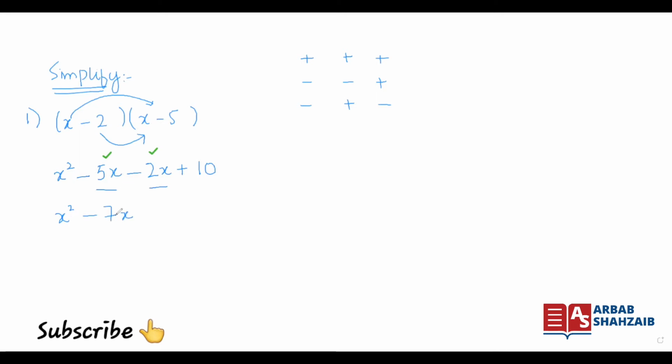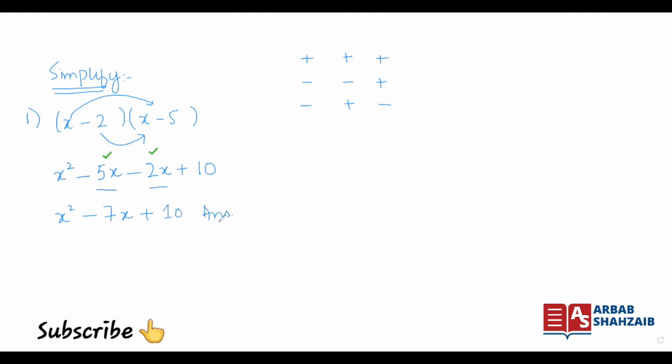Minus minus plus, we always write the sign of the greater value. Which is the greater value here, 5 or 2? 5 is the greater value, and 5 has a minus sign, so we will write minus with the answer. So minus minus plus, 5 plus 2 is 7, and the sign will be minus, then plus 10. So this is the ending of our answer.